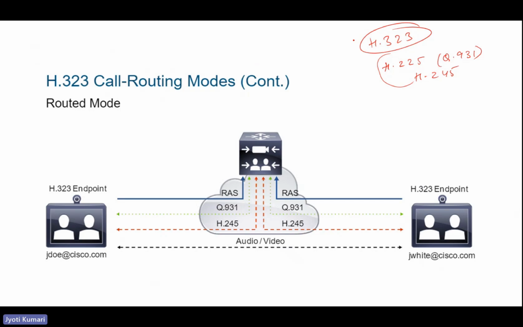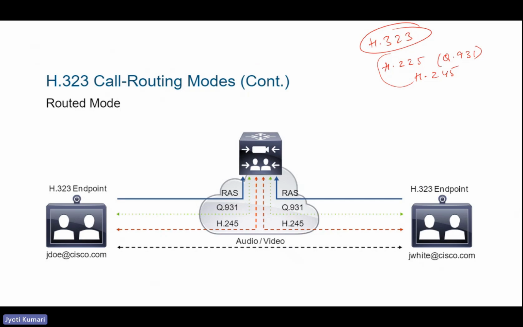Now all these protocols are used in the routed mode to route the call setup and requests through the Expressway C. However, the media still routes directly between the source and destination endpoints. But in this mode, the Expressway always knows the status of the call. So everything goes through the Expressway. That is routed mode.